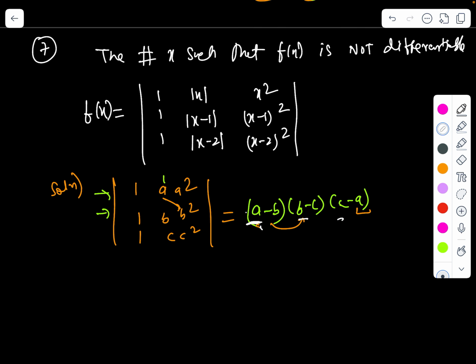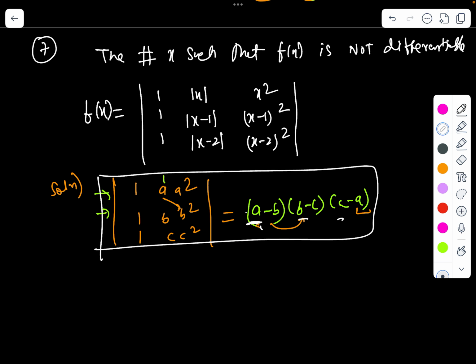And now you can check the coefficient of a b² will actually be 1, so this lambda must be 1, so this is true by this simple logic.